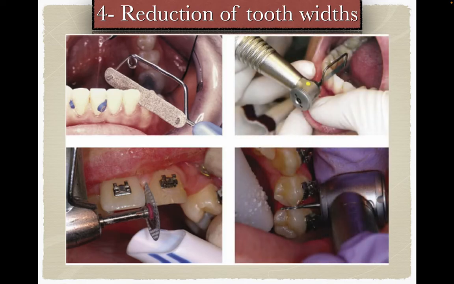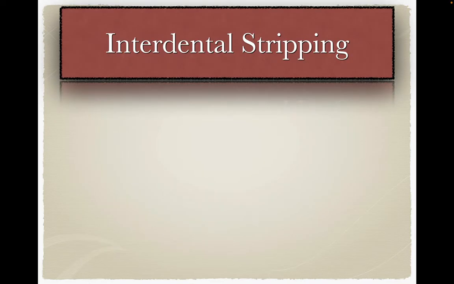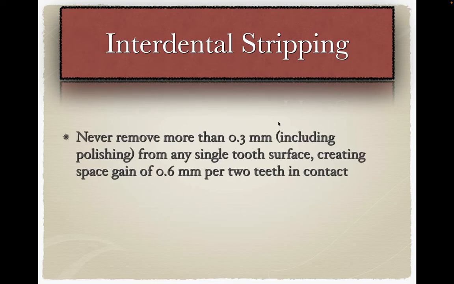Interproximal reduction is another method of providing space. There are different methods, and we'll cover that in detail. However, for now, the DNI can do an interproximal reduction to create space. Don't forget that the maximum you can take for interproximal reduction is 0.3 millimeter from each tooth contact point, which means from each contact point between two teeth you can get 0.7 millimeter of space.